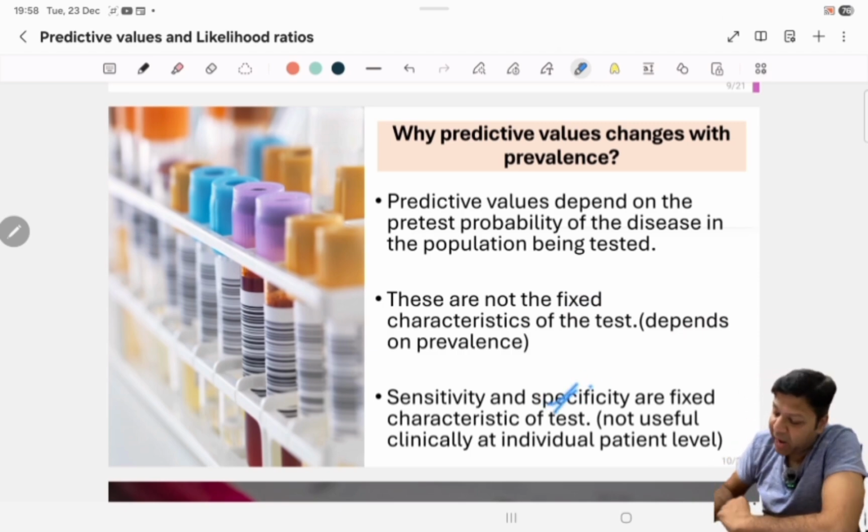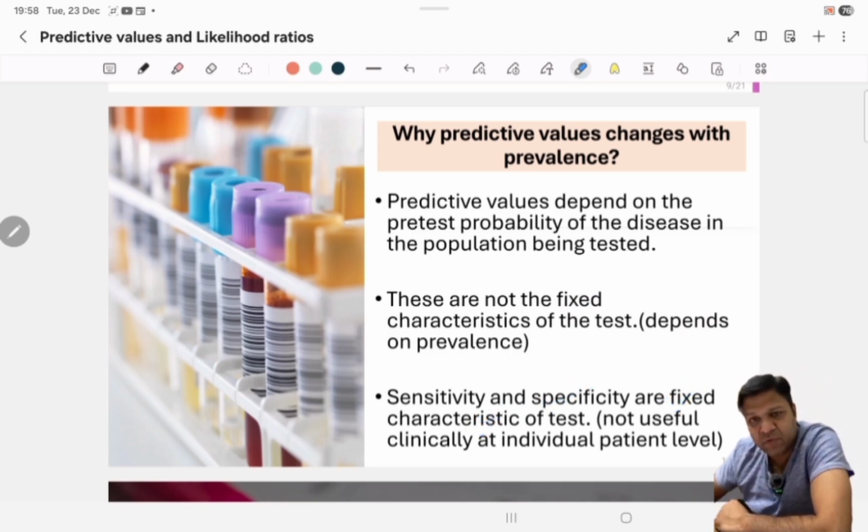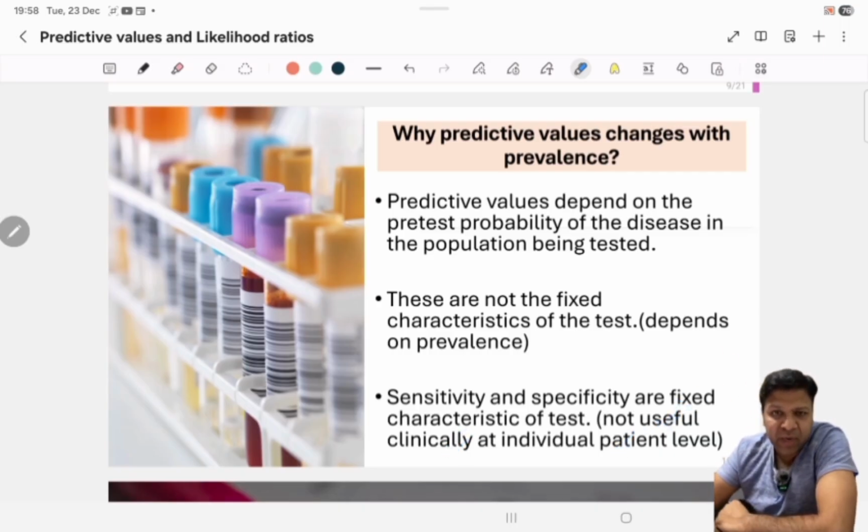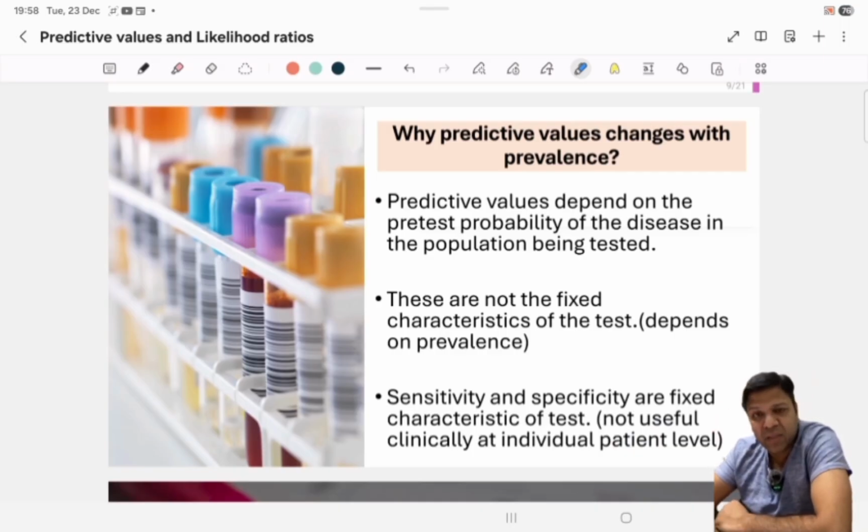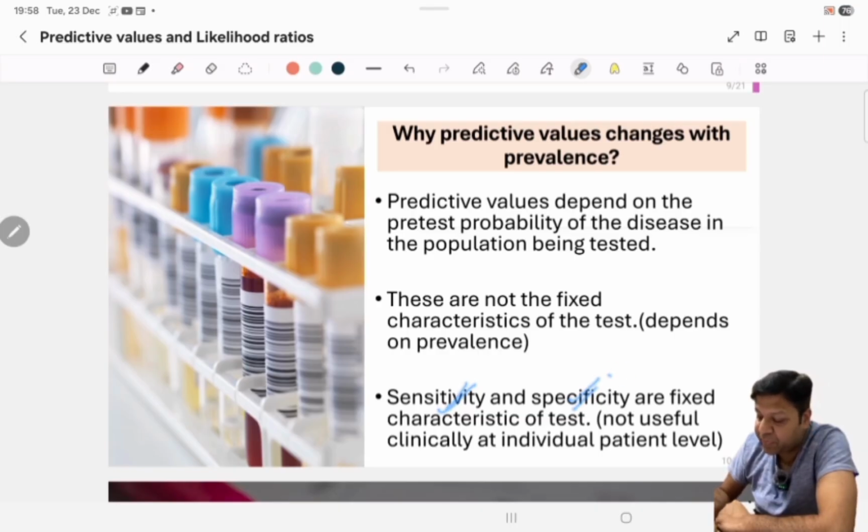And sensitivity and specificity are fixed characteristics of the test, as we have discussed before. But they are not useful clinically at the individual patient level. Remember, we took 100 healthy individuals and 100 diseased individuals to calculate the specificity and sensitivity respectively. So sensitivity and specificity are internal characteristics of the test, but they are not useful at the individual patient level.